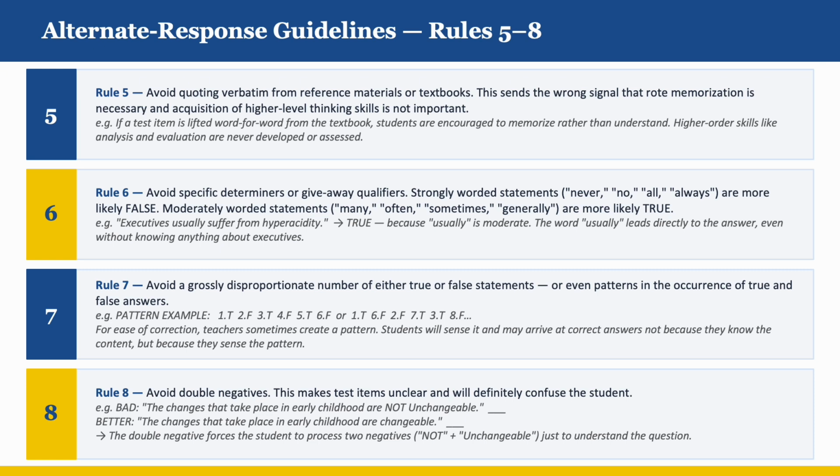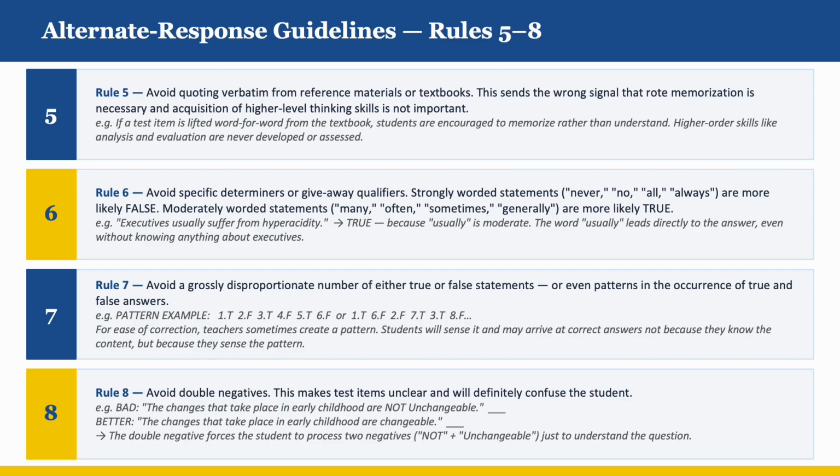Okay, finally, rule number 8. Avoid double negatives. So look at this. The changes that take place in early childhood are not unchangeable. You've got not and unchangeable. Two negatives.